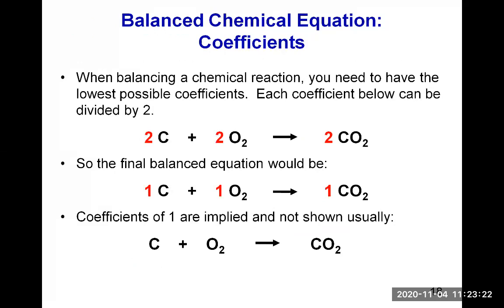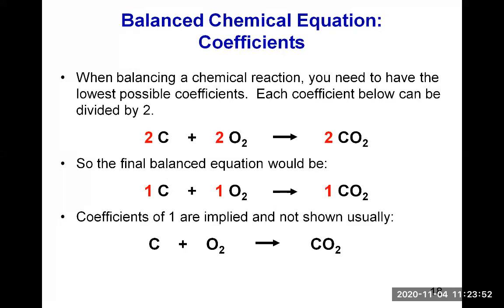And so in the example on top here, we have 2 carbons plus 2 molecules of oxygen gives 2 carbon dioxide molecules. We see that we have 3 coefficients of 2. And so we could divide all these by 2. And so the final balanced equation should be 1 carbon plus 1 oxygen molecule gives 1 carbon dioxide molecule.